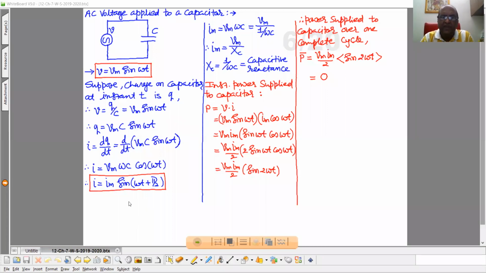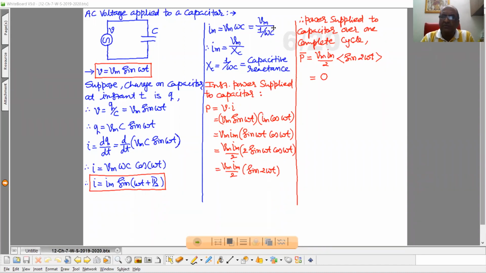Now Im is Vm into omega C. So rewrite this equation like voltage upon something. We can take this omega C to the denominator, so we can write Vm upon 1 upon omega C. But voltage upon something gives you current, so definitely that something is the resistance.